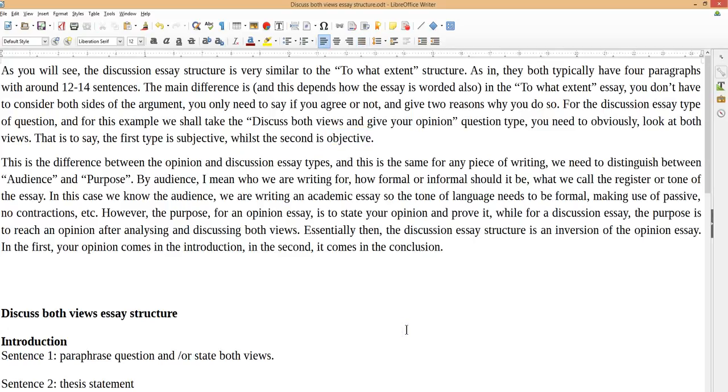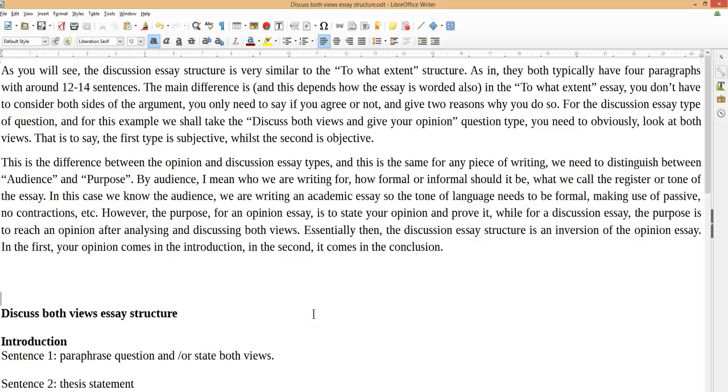So the difference really in any piece of writing, we have to consider audience and purpose. Audience, who we are writing for. Now that tells you how formal or informal, what should be the register or kind of tone.